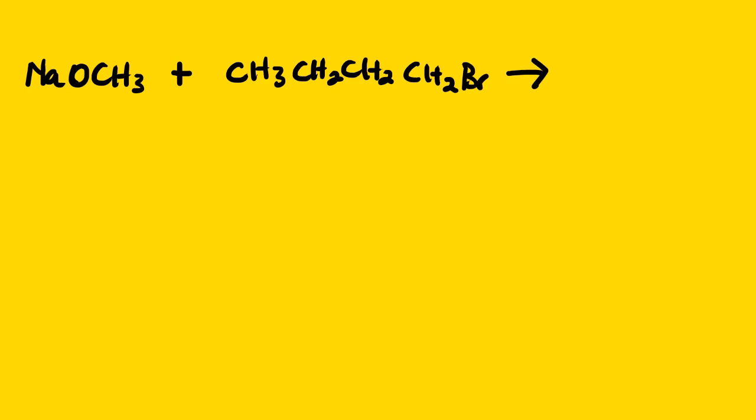Let us go through the mechanism. You can pause the video if you've understood the first example. Play the video to verify the answer. Now in this case, we can see that this will be our nucleophile, and then this will be our substrate.